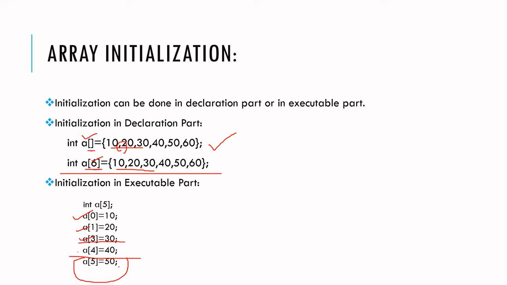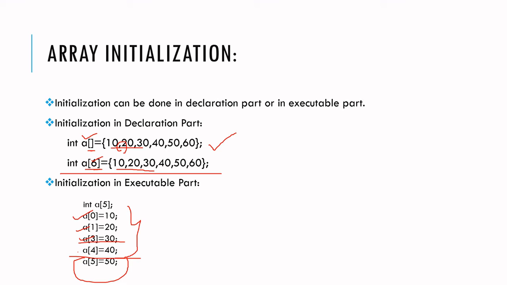You are trying to store the element in a place which is not at all reserved for array a. So by this time you will get an error message. Up to these statements it's valid. In case you are writing a of 2 equal to 50, you will not get any error messages.